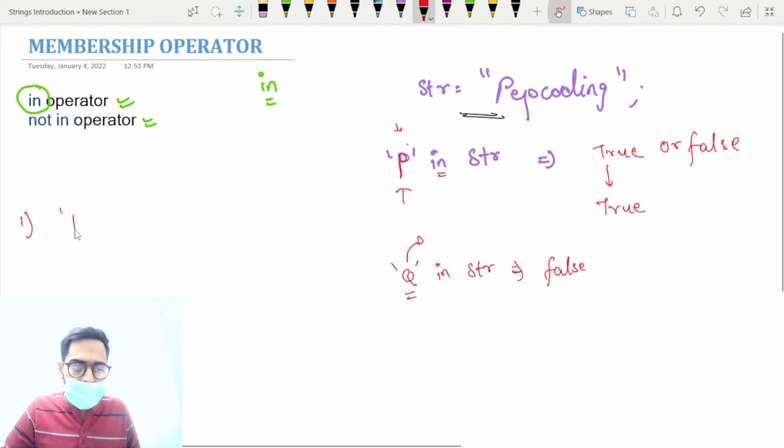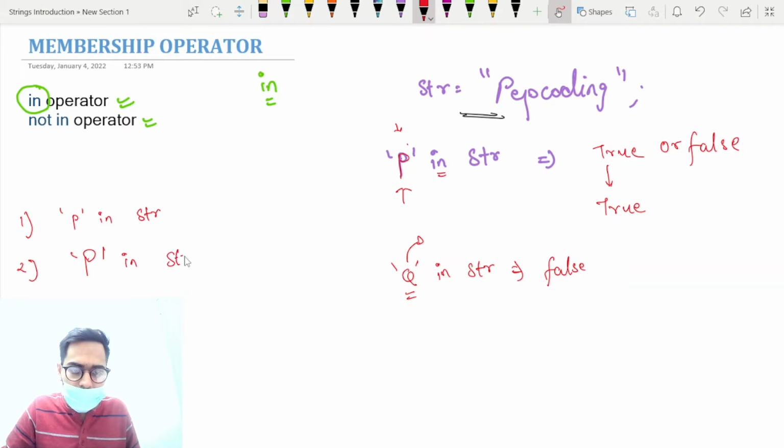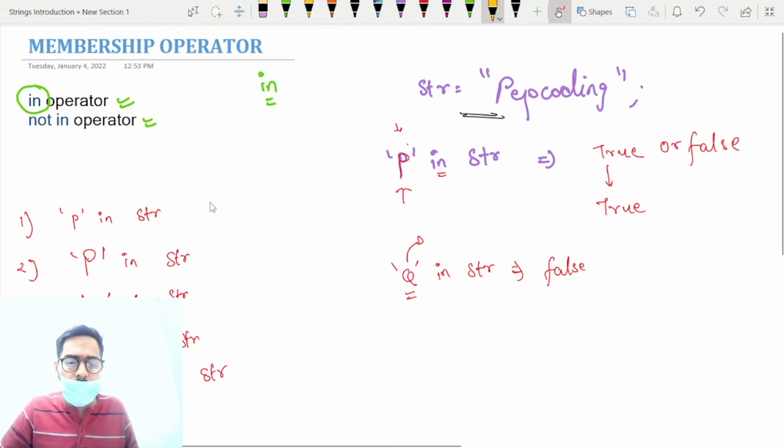For example, P in str, second, capital P in str, O in str, G in str, and capital G in str. Just figure out the outputs. What will happen line by line?